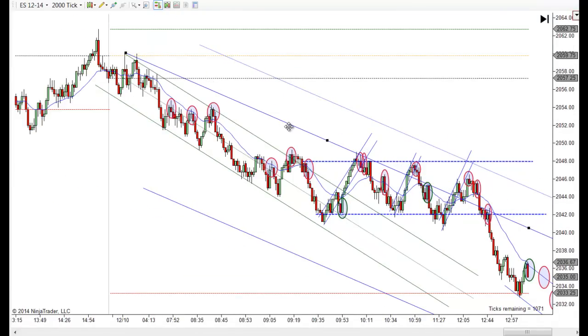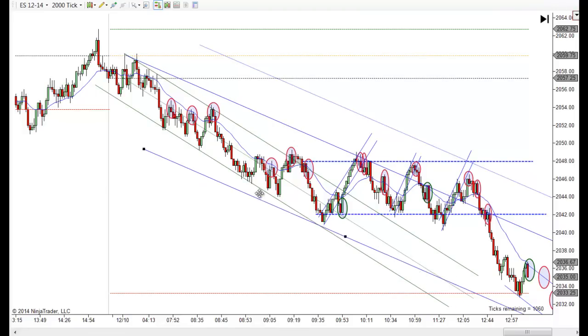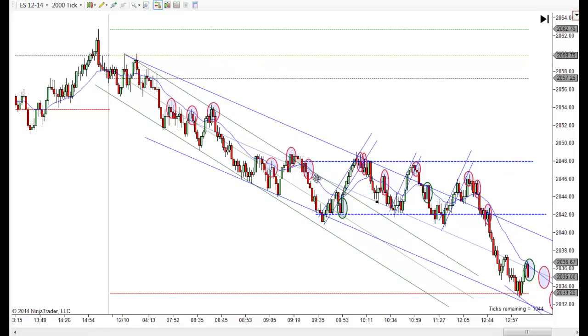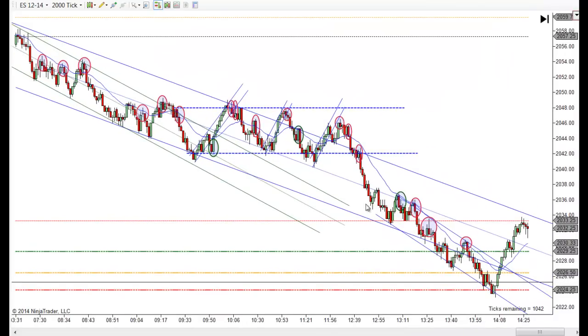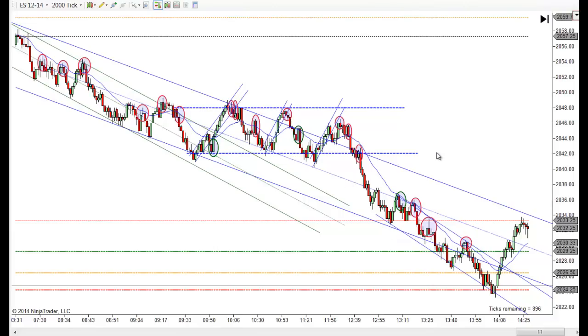Because that'll help us with those other trades there. All right. And you can see that that's right off of that midline. Let's make it a little bigger.